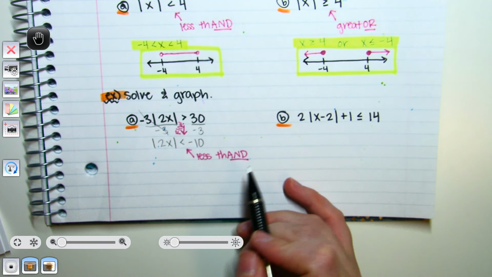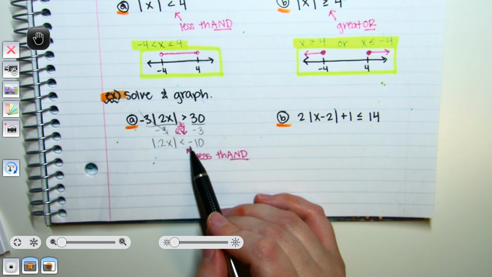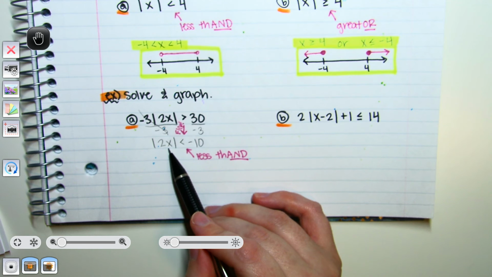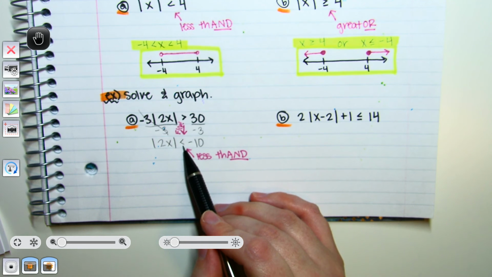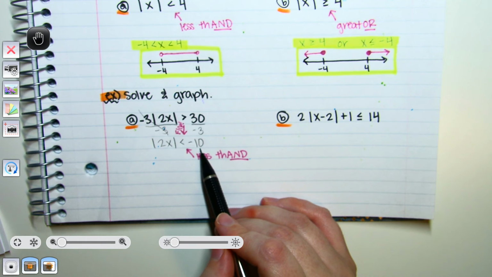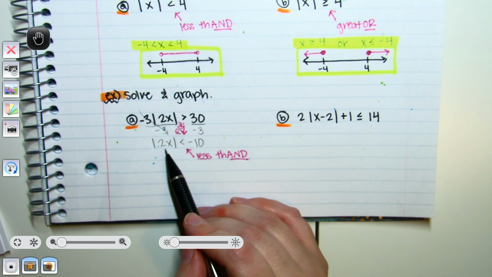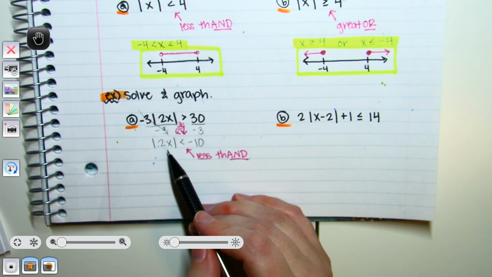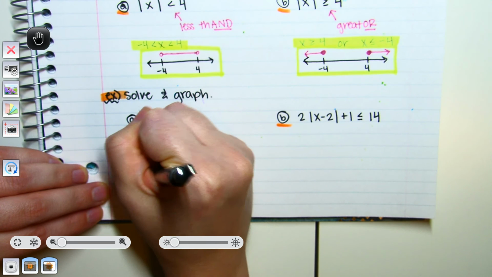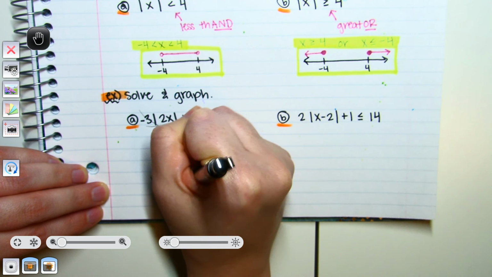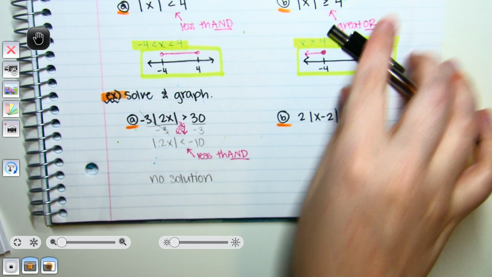But it's saying this absolute value is less than a negative number. Is an absolute value allowed to be negative numbers? No, it's not. Which means if this has to be smaller than a negative number, it has to be a negative number, which it can't be. It's not possible. Which means the answer to this is no solution.